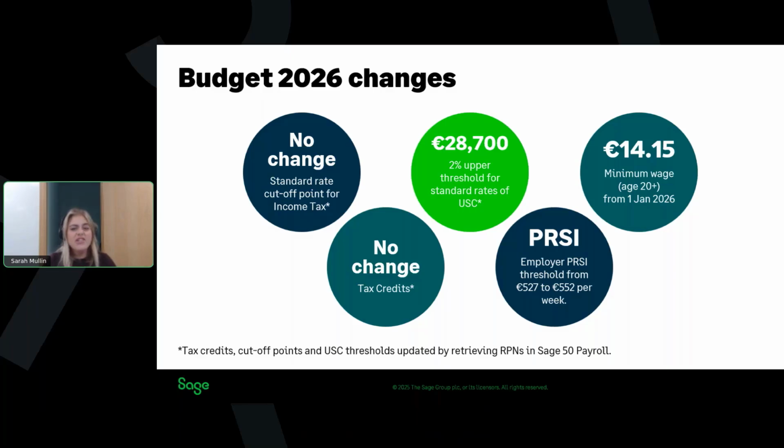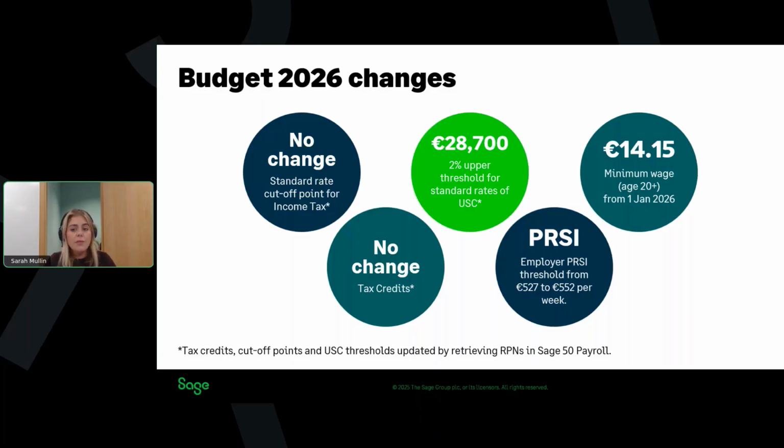So in terms of budget changes, really not a lot to talk about here. There's no change to standard rate cut-off points for income tax, no change to tax credits either. Now, there is a 2% upper threshold increase for standard rates of USC, so that's gone up to €28,700. And employer PRSI threshold has increased from €527 to €522 per week.